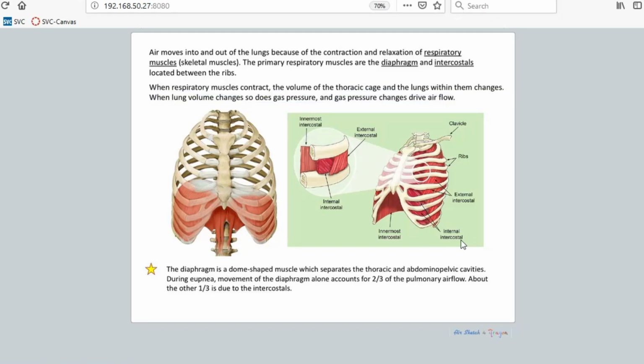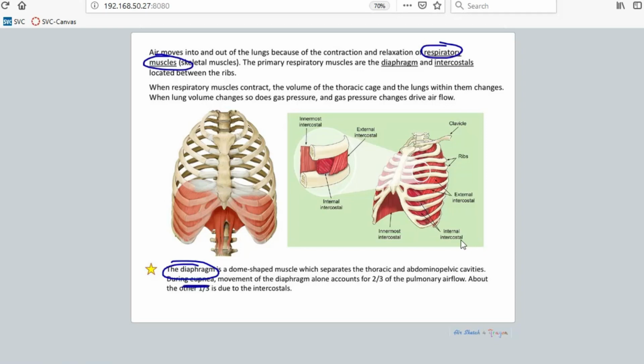So take-home messages: the contraction and relaxation of these respiratory muscles is going to cause volume and pressure changes in the lungs. And these volume and pressure changes are going to cause the movement of air into and out of the lungs. I do want to say that out of these respiratory muscles, the diaphragm is the main respiratory muscle.